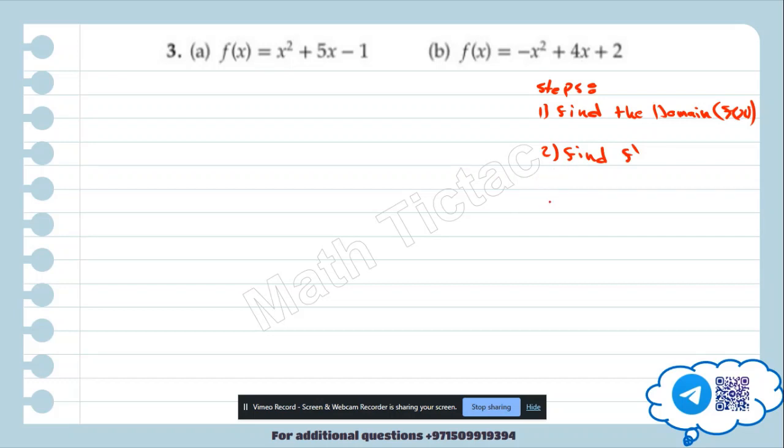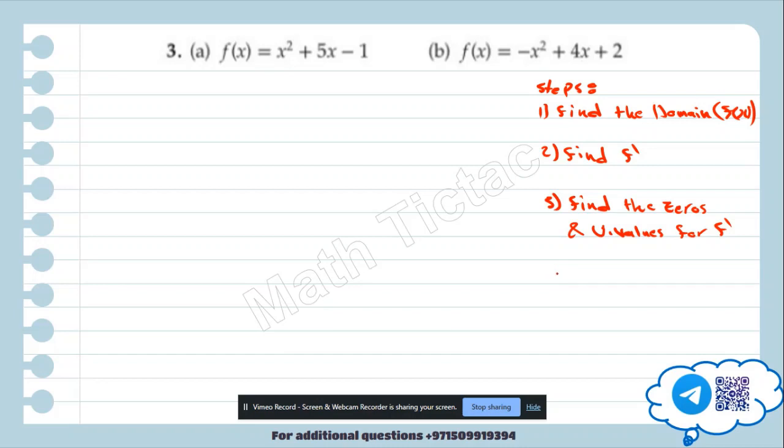Now for the third step, you have to find the zeros and the undefined values for f prime, and we will talk about that later, inshallah, during solving the questions.